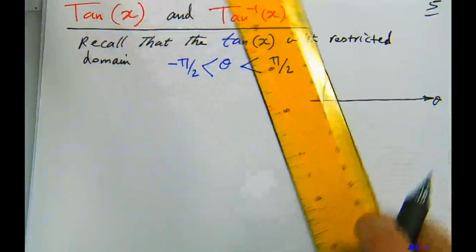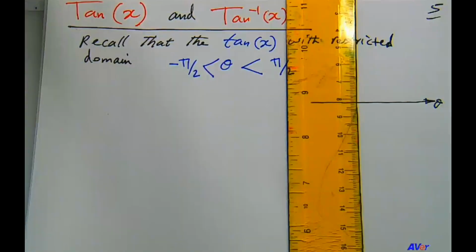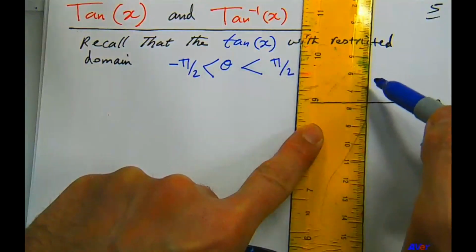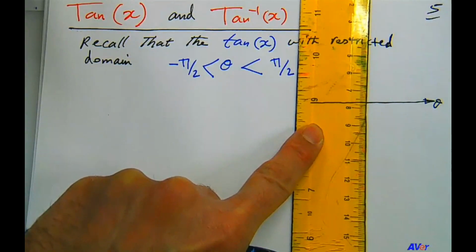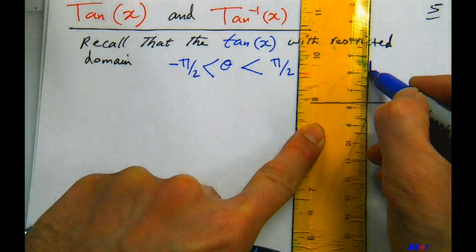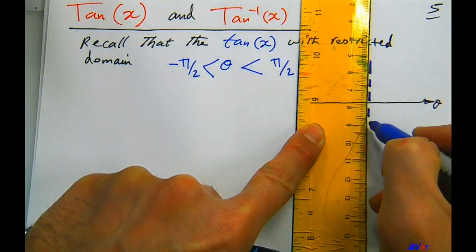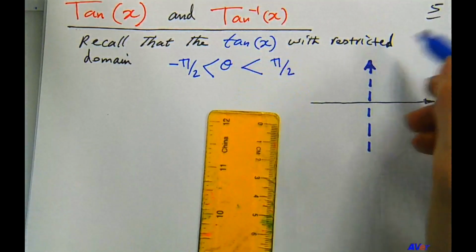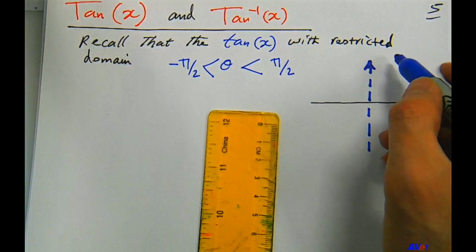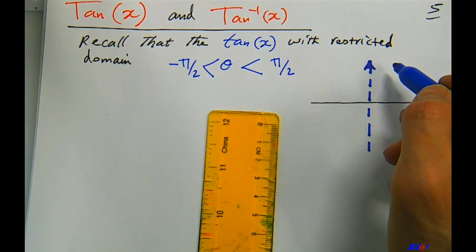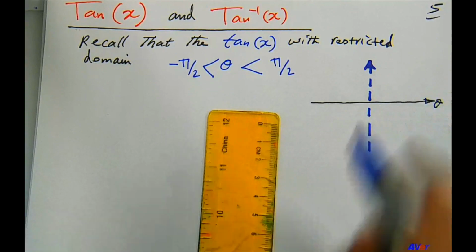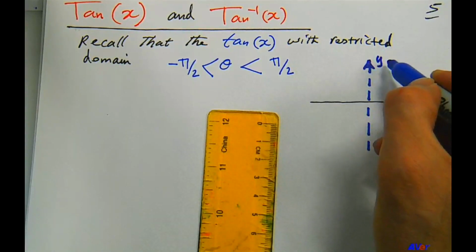Theta ranges from not including negative pi over 2 to not including pi over 2, so I'm not going to draw the vertical axis solid. It's going to have to be dashed, like this. Okay, so this is y.